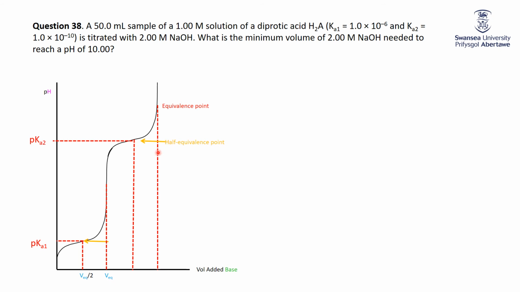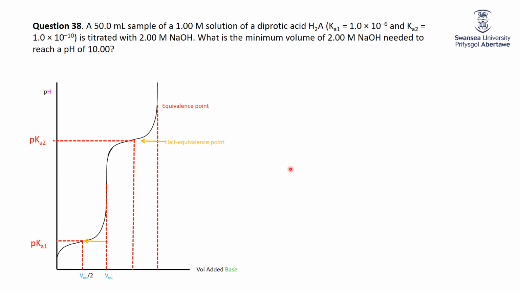Now, the crucial thing about half equivalence points when you're talking about weak acids is that the pH at the half equivalence point is the pKa. So here for the first proton, half equivalence point, pKa. Here for the second proton, half equivalence point, pKa. So pKa1, pKa2.